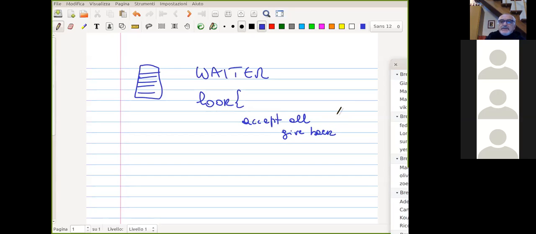That means try to read from all pipes with the possible give back messages, and execute directly.